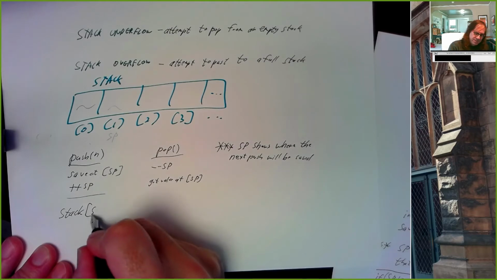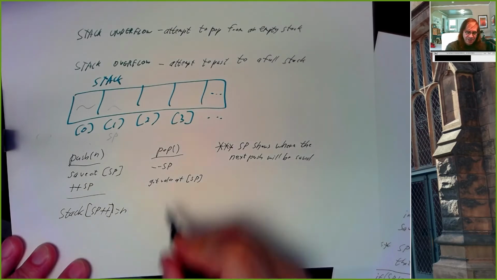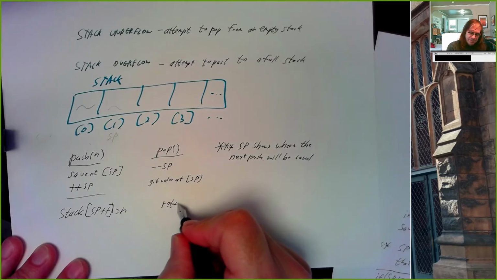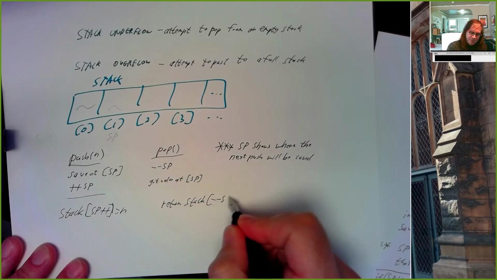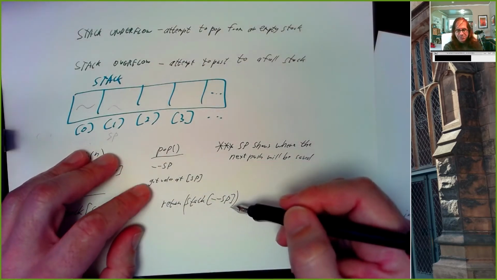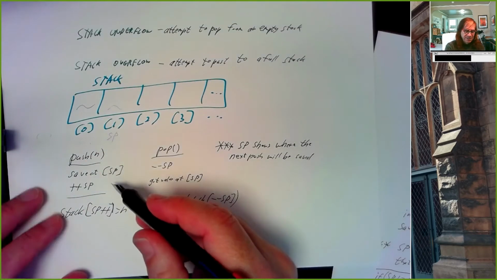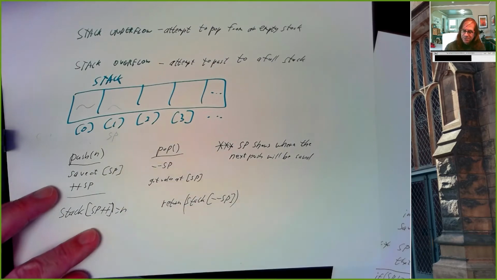And so this would be stack[SP++] = N, and the pop would return stack[--SP]. So this would decrement the stack pointer and then use that to index the stack. This will index the stack with SP and then increment it.